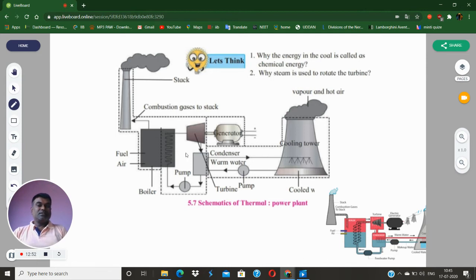Yes, it's shown by the designs or the constructed forms here. So there are two towers here. One has a stack, another is a vapor and hot air cooling water, that is a condensation tower. ठीक है, and boiler tower, these are two towers and this is a generator section.